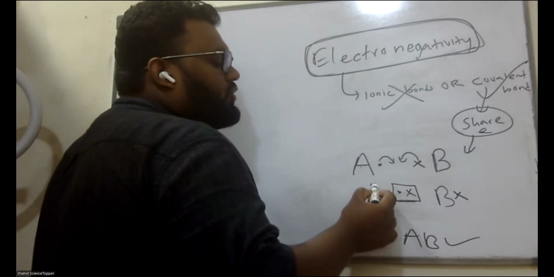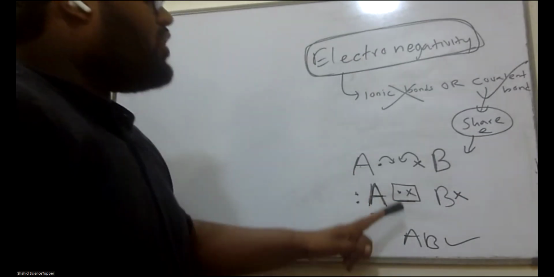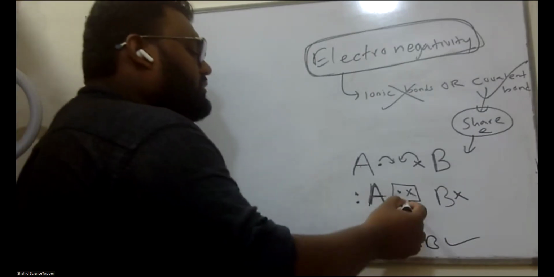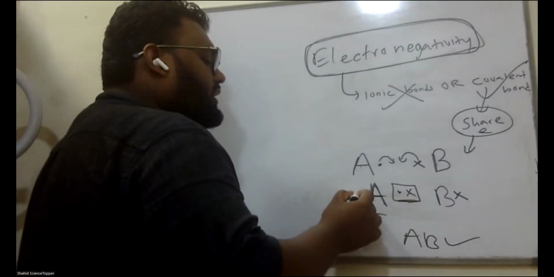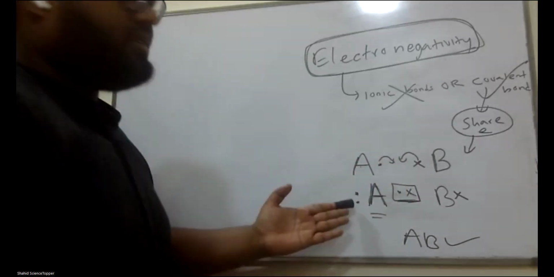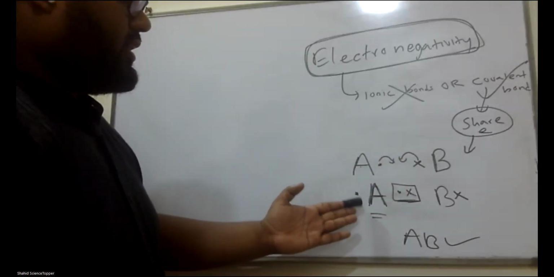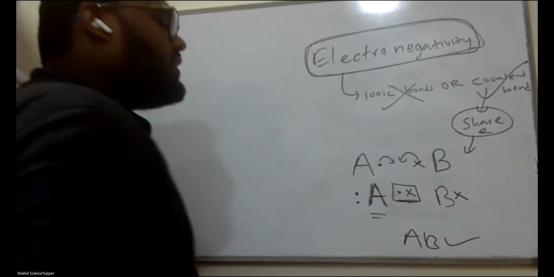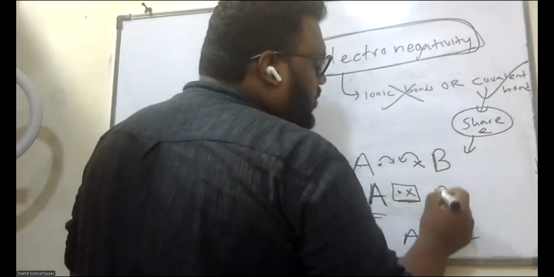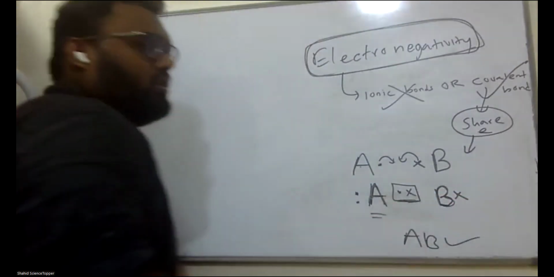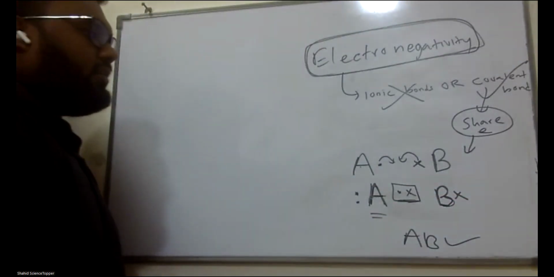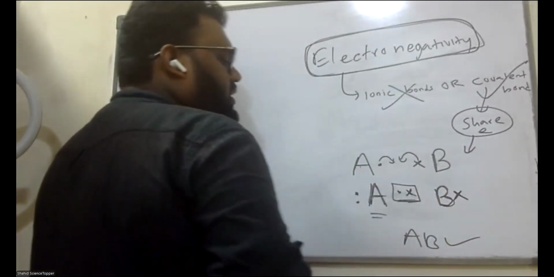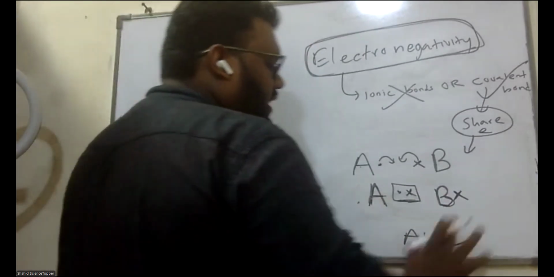So when you are counting for A, you need to count the shared electrons as his electrons. This pair belongs to A, not only to B. If I ask you how many electrons B is having in total? 3 electrons. This one and these two. So now you understand the basic idea, right?